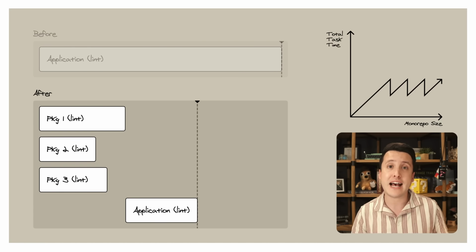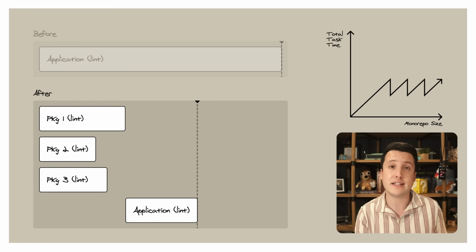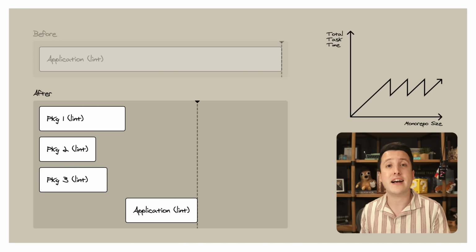This means that tasks are no longer limited by the size of your application, but by the size of your largest package. It's important to note that you're not getting all of this for free. You're effectively trading scalability for ongoing maintenance of dependencies and boilerplate configuration files for things like TypeScript and ESLint. It's also important to think of packages as an extension of your application.